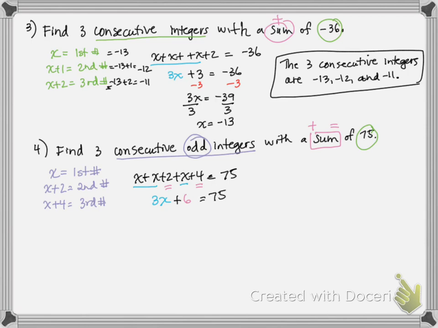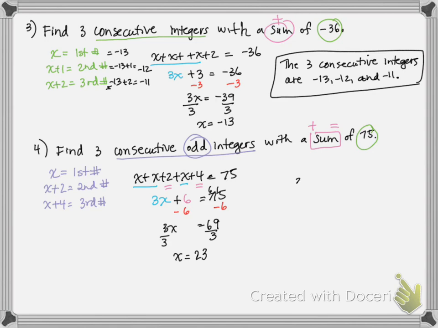And that equals 75. So we go ahead and subtract the inverse, 6 from both sides, and that leaves me with 3x equals 69. And then we divide both sides by 3, and we get x equals 23.